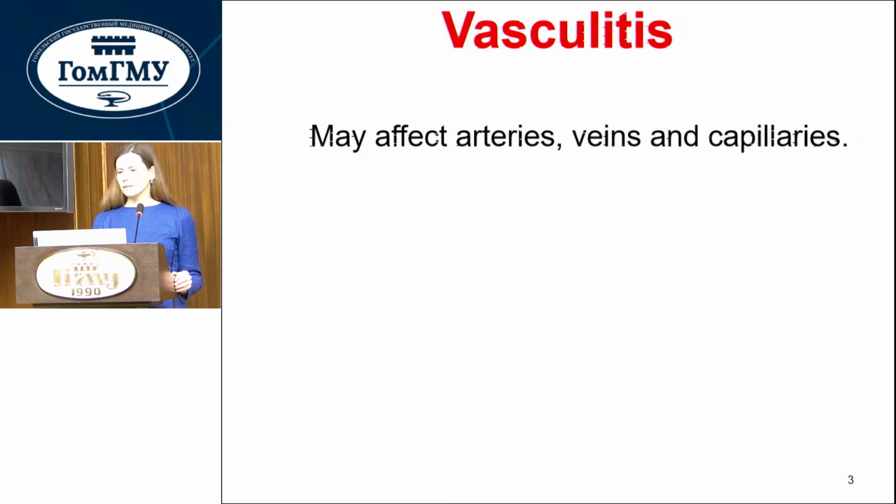Deposition of immune complex leads to activation of complement and release of the C5a fragment of complement. It leads to chemotaxis of neutrophils. Neutrophils lead to damage of endothelium and vessels, and as a result fibrinoid necrosis appears.